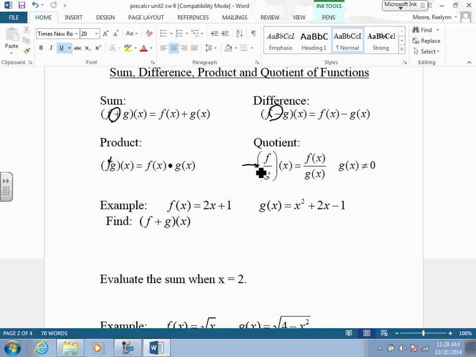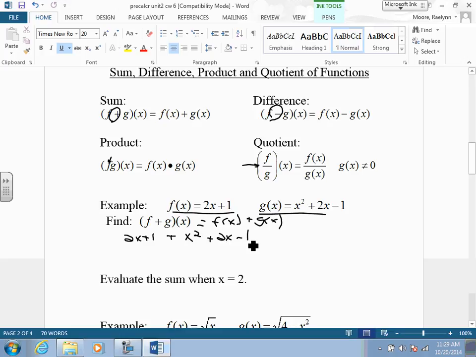On a basic, here's 2 functions, an F function and a G function. So if I just want to perform the addition operation on these 2, I'm taking my f of x, and I'm adding my g of x. So I take whatever I have for f of x, and I add g of x to it.